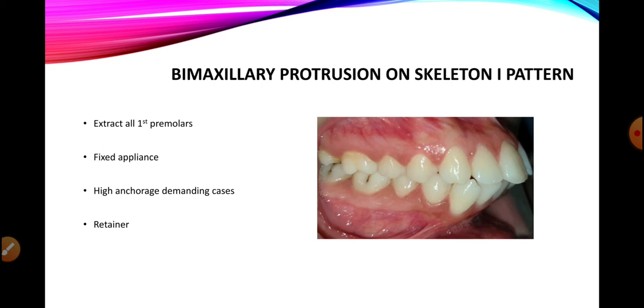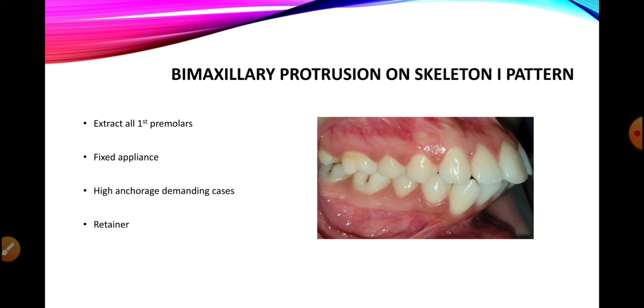So the incisors are retracted into that space, and the incisor inclination is usually corrected. Bimaxillary proclination is always addressed with a fixed appliance, and it is a very high anchorage demanding case. So anchorage considerations need to be very carefully monitored. When we talk about the retention of bimaxillary proclination, usually a fixed retention is always preferred.